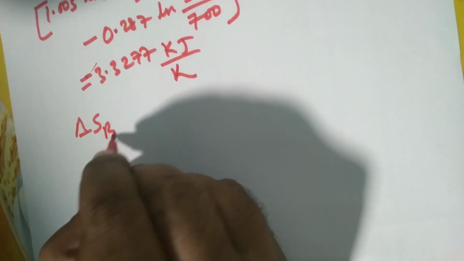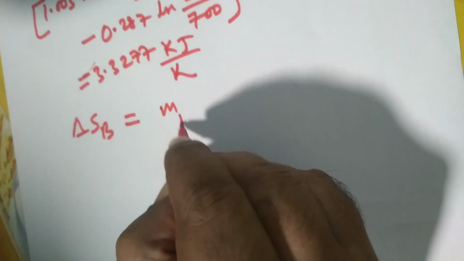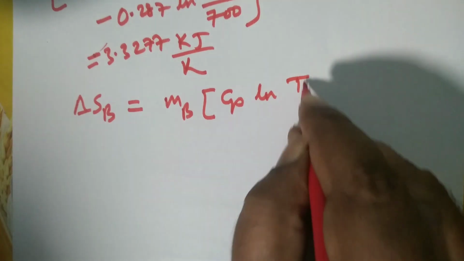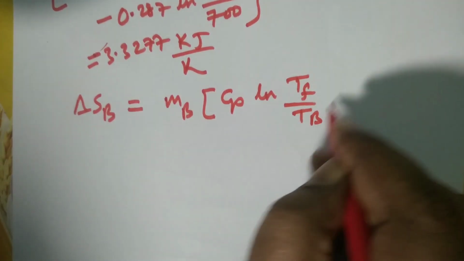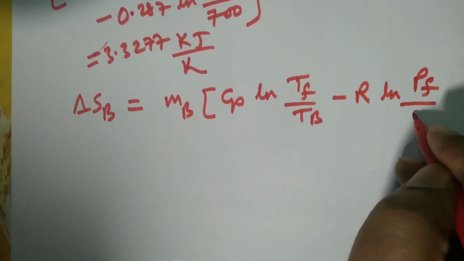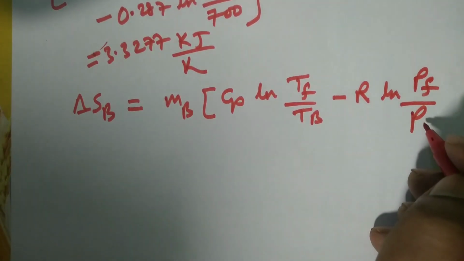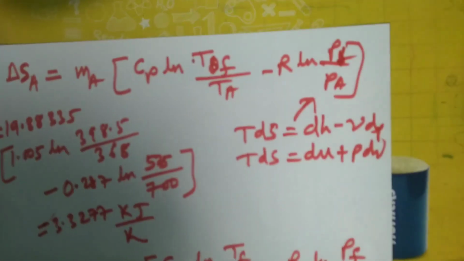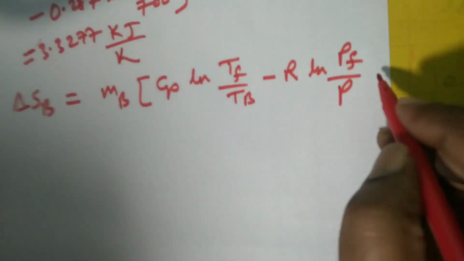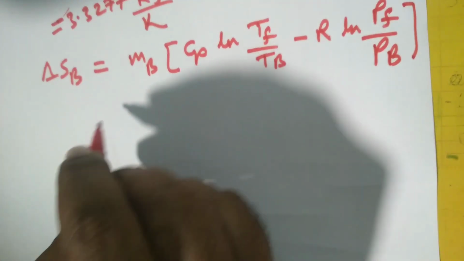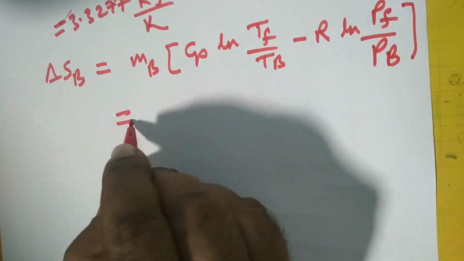Similarly, for delta SB, the same formula can be used: MB Cp ln TF upon TB minus R ln PF upon PB. This is in fact PF, the final pressure, which will be written in the final expression.